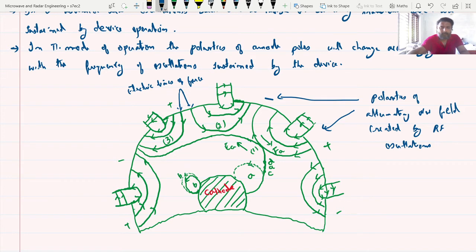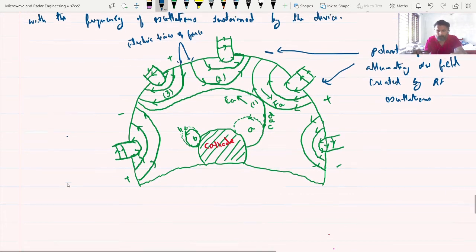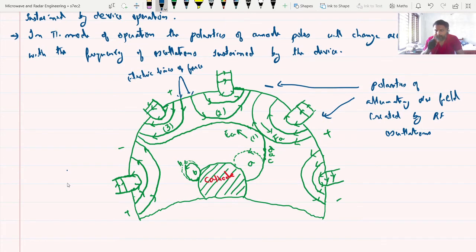So as I told you, in the pi mode of operation, the polarities of the anode poles will change accordingly with the frequency of oscillation sustained by the device. What I have to discuss is, in the absence of such oscillation, what happens?